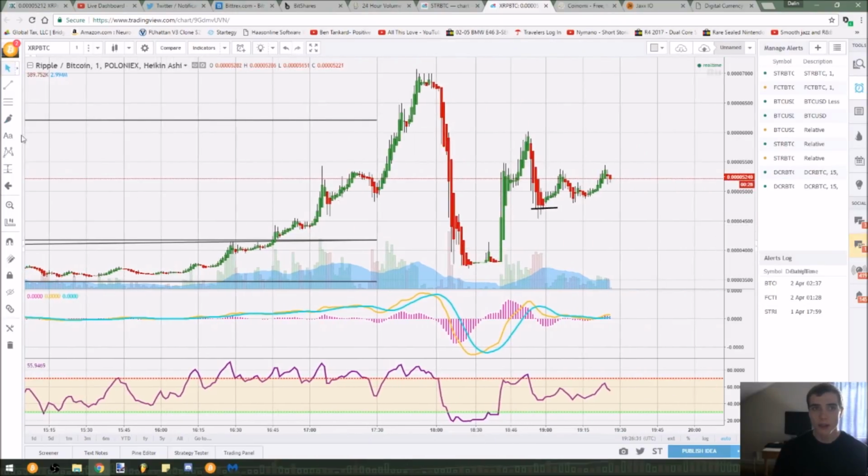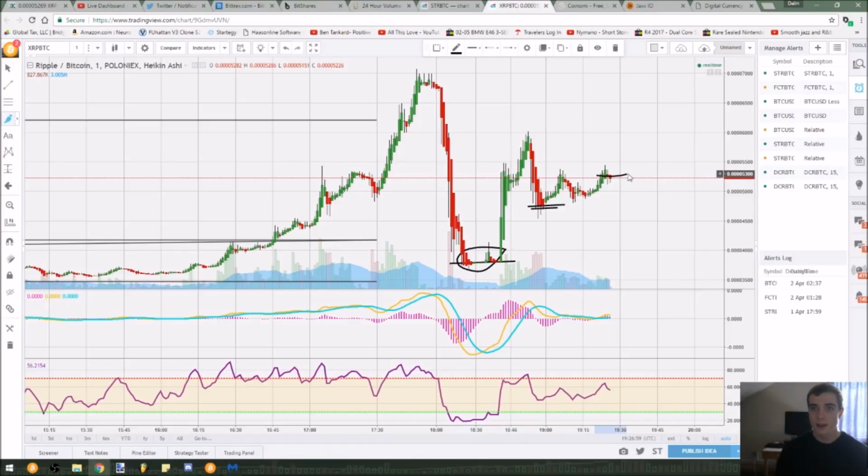Now, I want you to look at these two entries and decide which one you think is better. And then I'll tell you. Alright, so if you've decided, I will tell you right now that obviously this one entry is better. The reason for that is because if you've entered down here, there's a lot higher probability that you can sell in profit. So trading is a lot about probabilities.